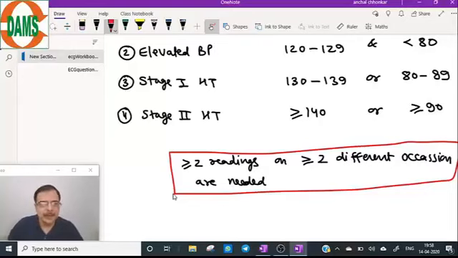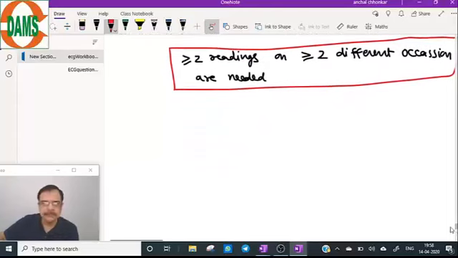Now coming to the causes of hypertension. First was the definition; now come to the causes. The causes are classified into 2 groups.